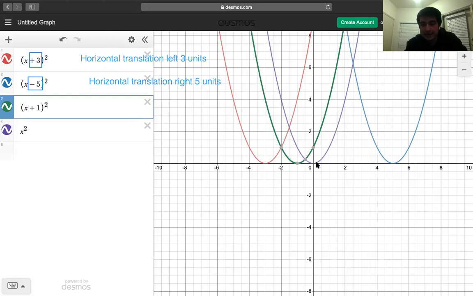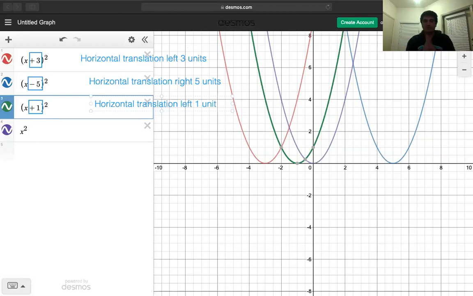And we can see that it shifted to the left. So for this one, remember, we look inside the parentheses. Since it's inside, that means we're going to have a horizontal translation, okay? And since it's a plus, I'm going to have a horizontal translation to the left 1 unit. Okay? Y'all see that?